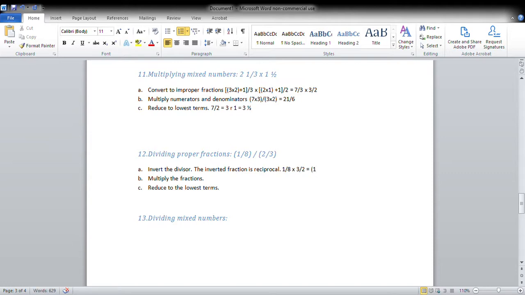So 1 times 3 over 8 times 2 equals 3 over 16, because 1 times 3 is 3, 8 times 2 is 16, and that is the lowest term because we cannot evenly divide 3 into 16.